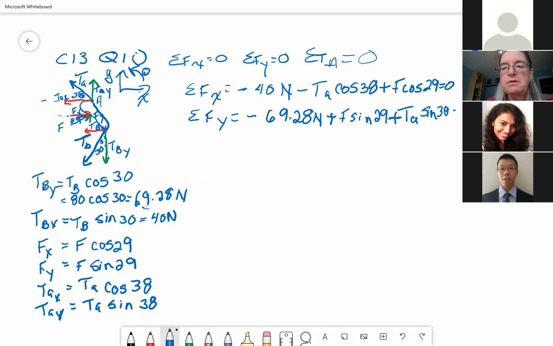That equals 0. Okay, so I have two equations and two unknowns. My two unknowns are F and TA, and I have my X and my Y equations of equilibrium. So if you have two equations and two unknowns, you can solve it.